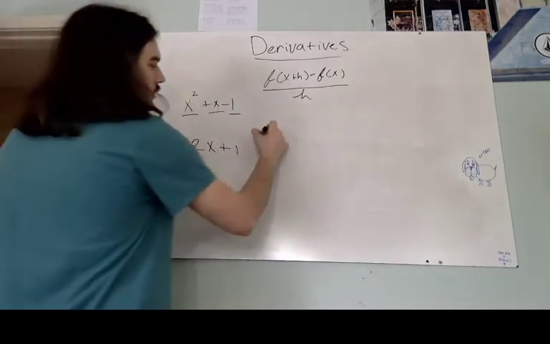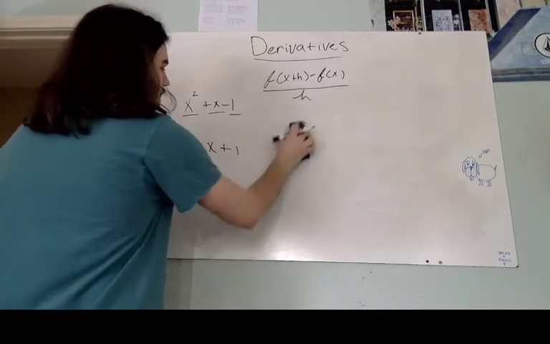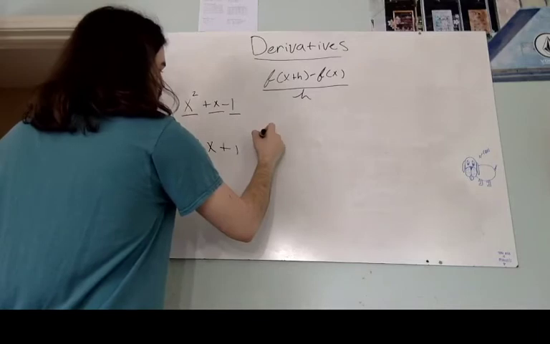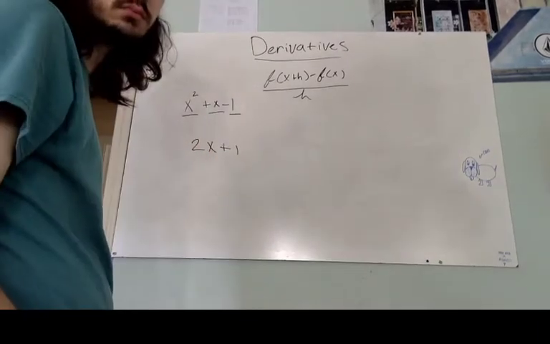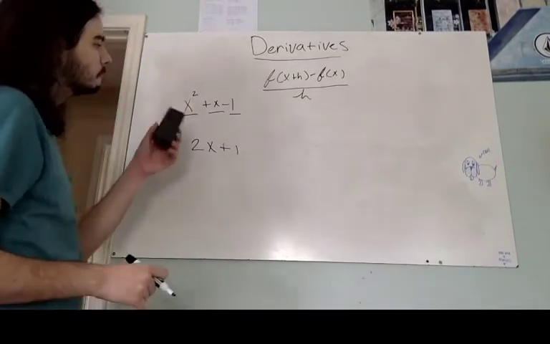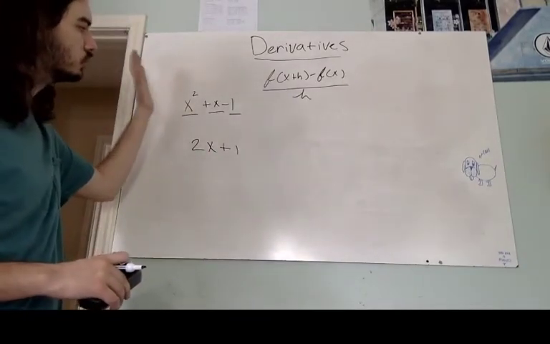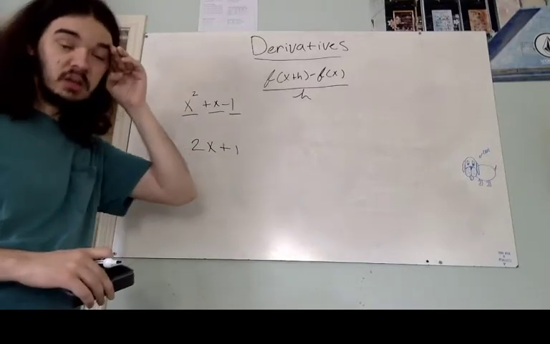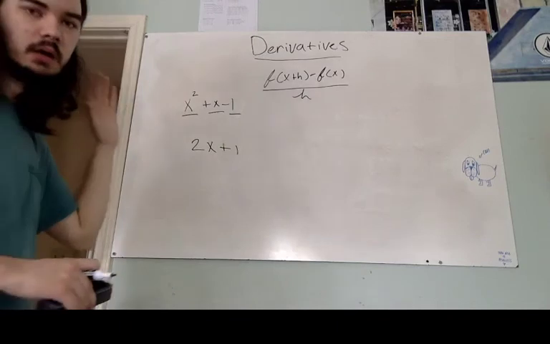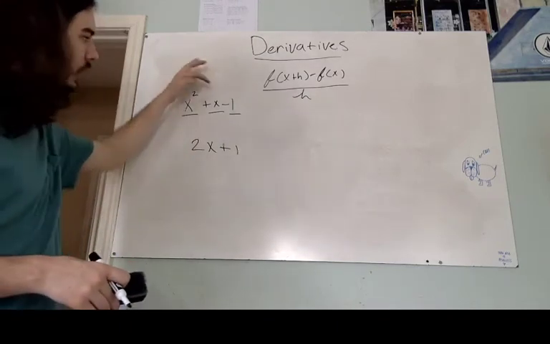Well, negative 1, how I like to think of these is we can think of these as separate functions, right? So I already know what my slope would be because of the derivative of x squared at any given point.